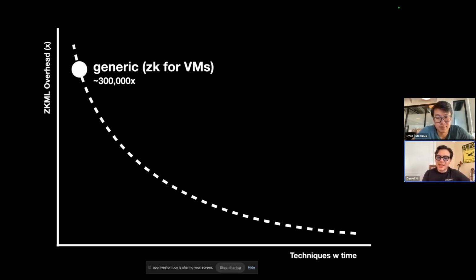So let's say that it takes 1 second to derive your iris code from that raw iris image on your phone. Well, it's going to take approximately 300,000 seconds to prove that operation. I don't know how much time y'all have on your hands, but 300,000 seconds is too many seconds, probably.